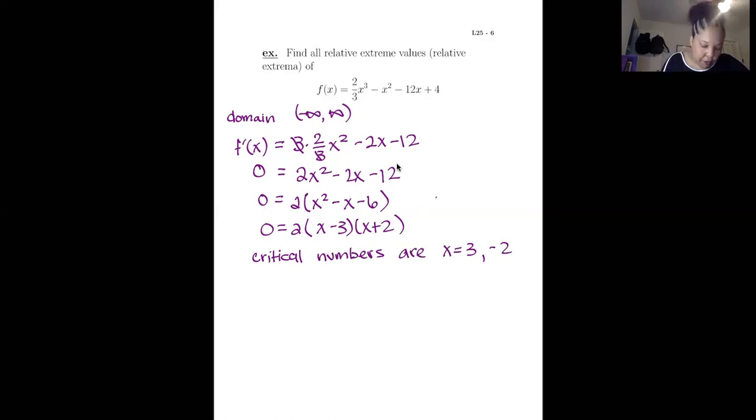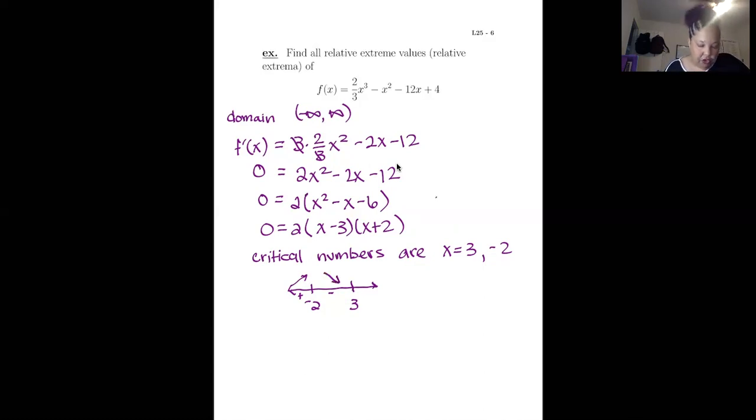All right, now I'm going to put those critical numbers on my number line to see where it's increasing and decreasing. So if I plug in something less than negative 2, say negative 3, I'm going to have a negative times a negative, which is positive. So it's increasing on that interval. Between negative 2 and 3, let's choose 0. That's going to give me something negative times something positive, so that is negative, which means on that interval, it's decreasing.